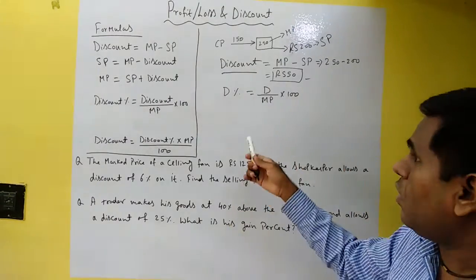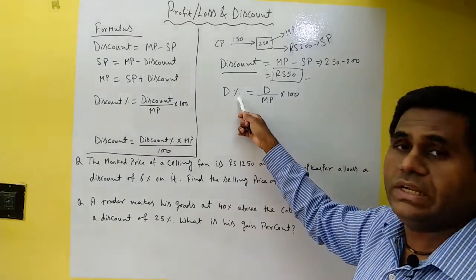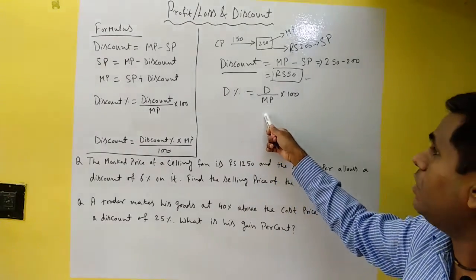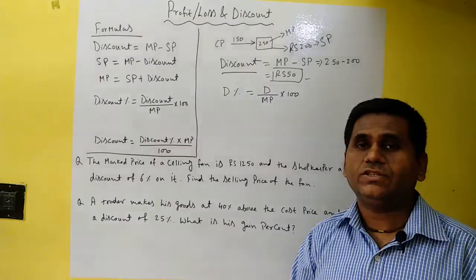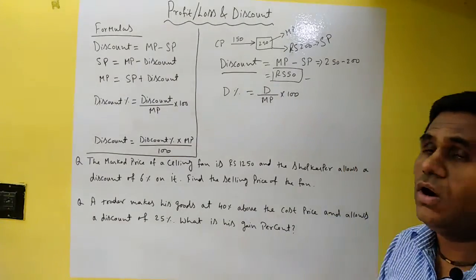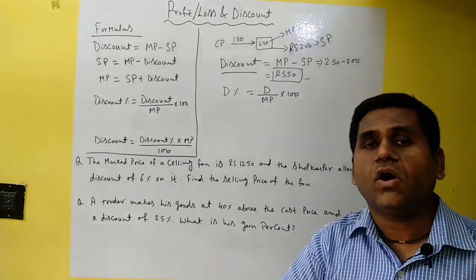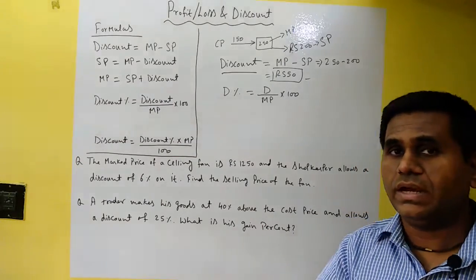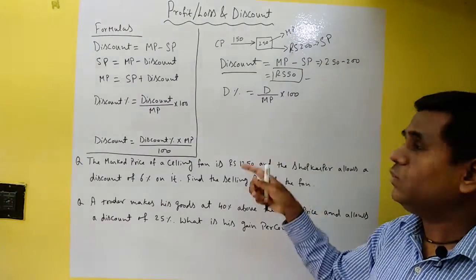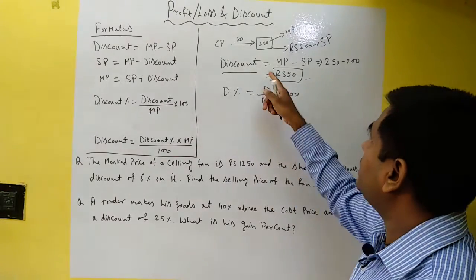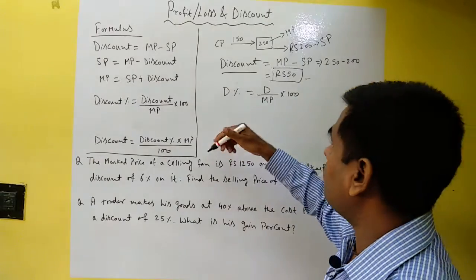Remember, discount percentage is always calculated upon marked price, because marked price is the basis to calculate the discount. Marked price is 250. On 250, the shopkeeper is offering 50 rupees discount and selling it for 200. So marked price is the total one. Let's calculate the discount percentage in this example.